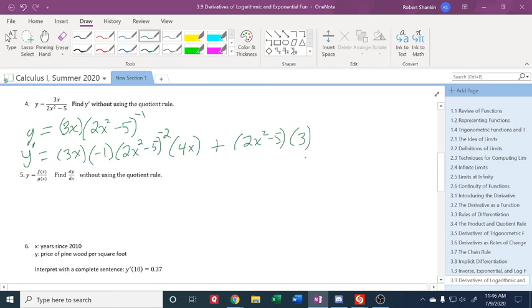And then we just clean this up a little tiny bit. And the 3 and the 4 become 12, negative 12x and we can put this thing in the denominator plus 3 times this one.